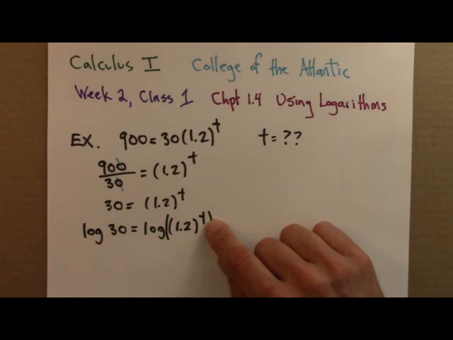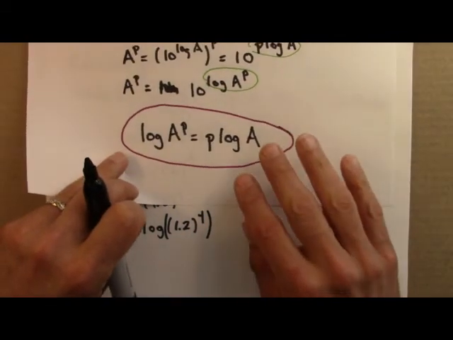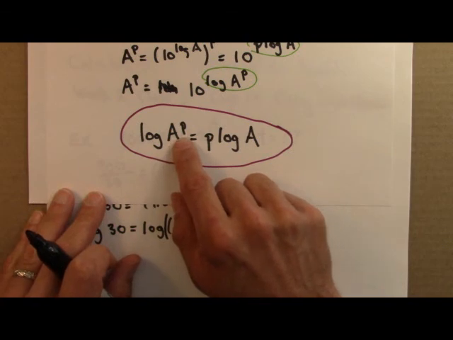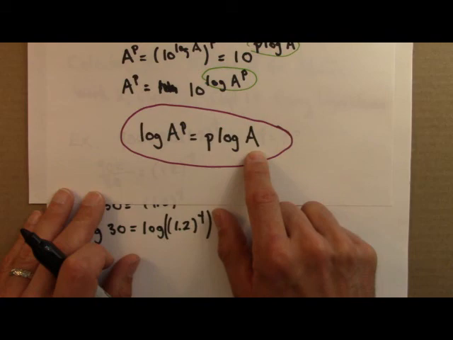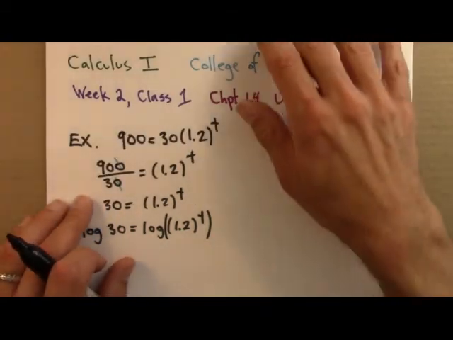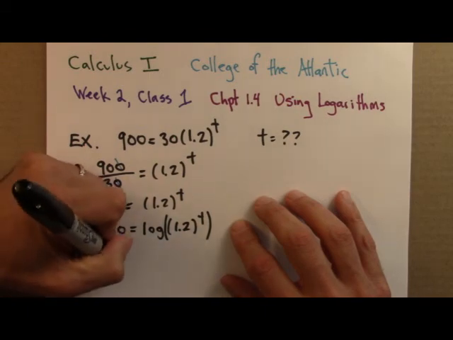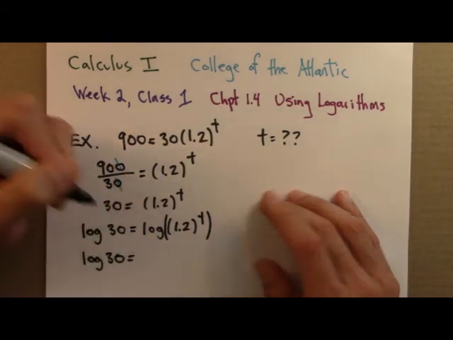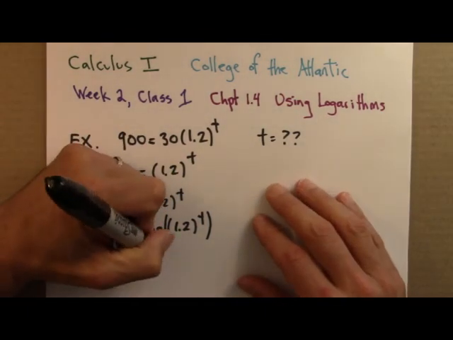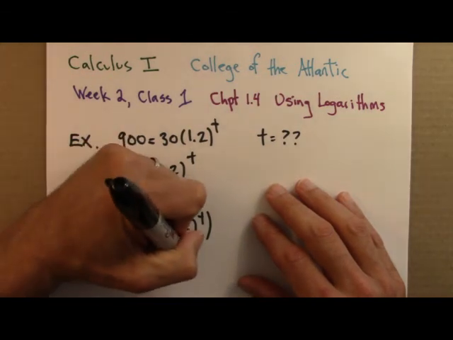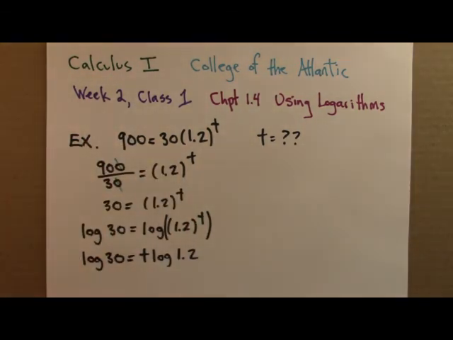Then we have this property from the previous video, or from the book, or from your memory, that when you have log of a to an exponent, you bring the exponent out front, in front of the log. So that means this becomes log 30 equals t log 1.2.